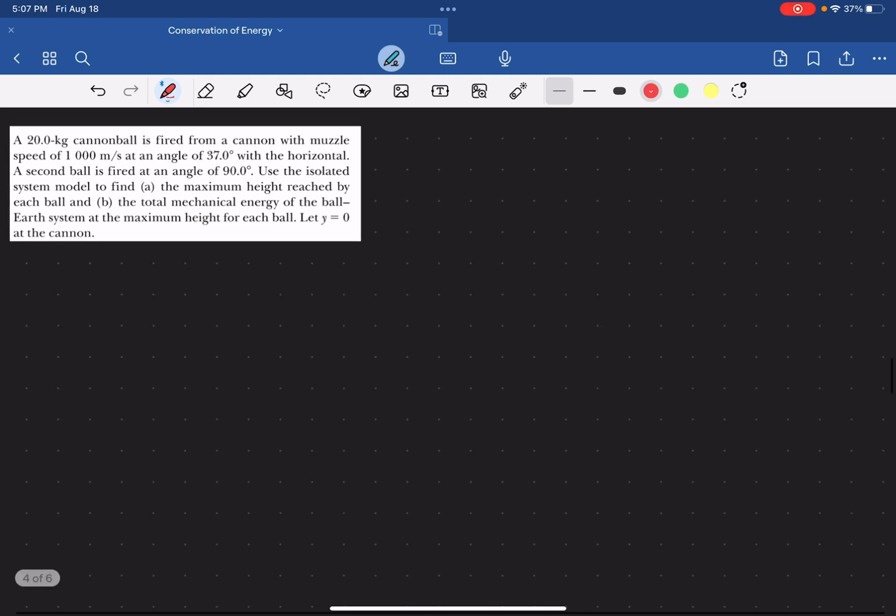Alright, so let's write what we are given here. Let me make my pen a little bit bigger. So we have a mass of 20 kilograms, initial velocity of 1,000 meters per second.